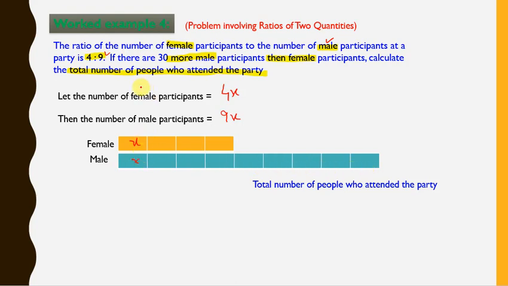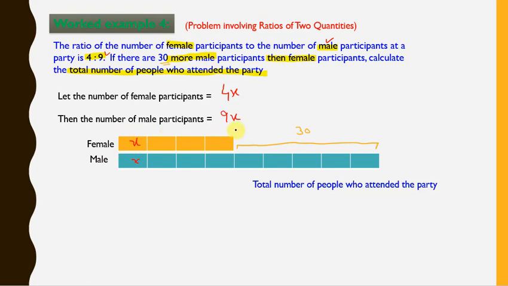Fine. Now according to the question, there are 30 more male participants. It means that the number of male participants is 30 more than the female participants. Now we will solve the question. According to the condition, if we subtract the female members from the male members, we will have this number.